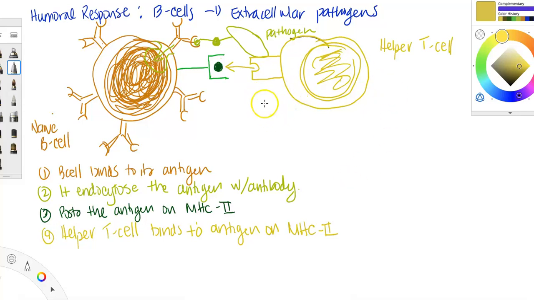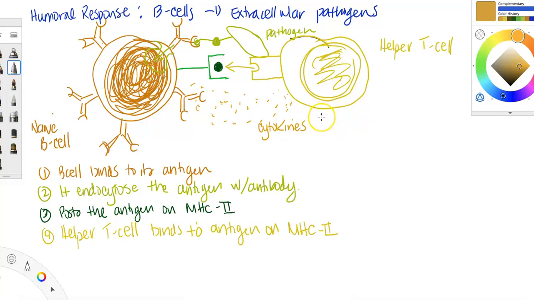Okay, so that happens, right? And then we get some little chemicals that come from the T cell over to here. And these are cytokines that come from the helper T cell.